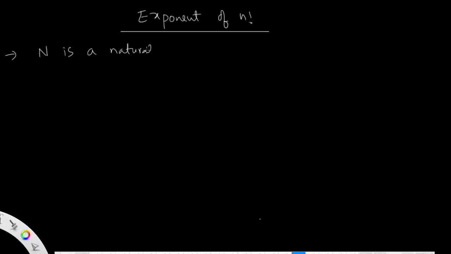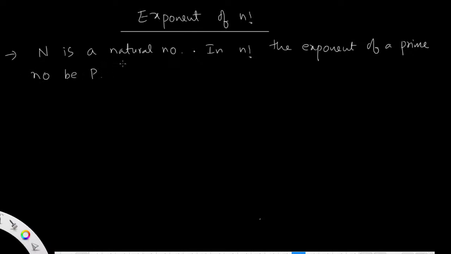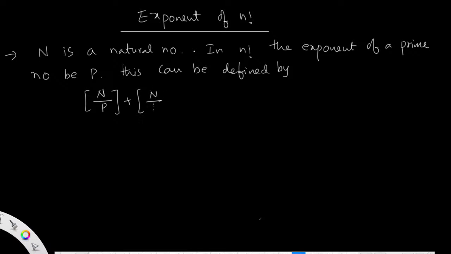So n is a natural number. In n factorial, the exponent of a prime number, let it be p, can be defined by the formula: floor of n by p plus floor of n by p square plus floor of n by p cube plus so on.